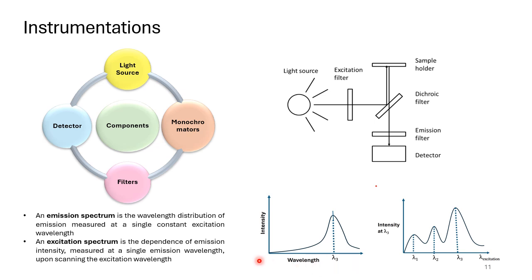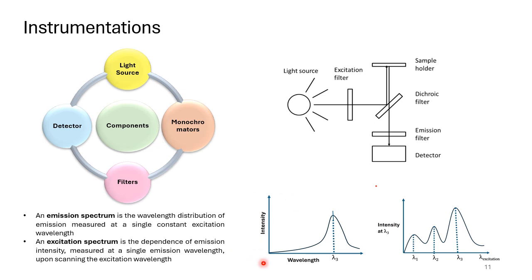What we are doing here is exciting using a fixed, constant wavelength, and then after the excitation, the molecules are coming back to the different vibrational levels of the ground state.